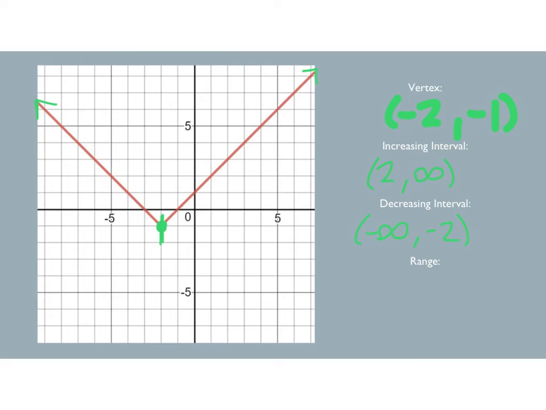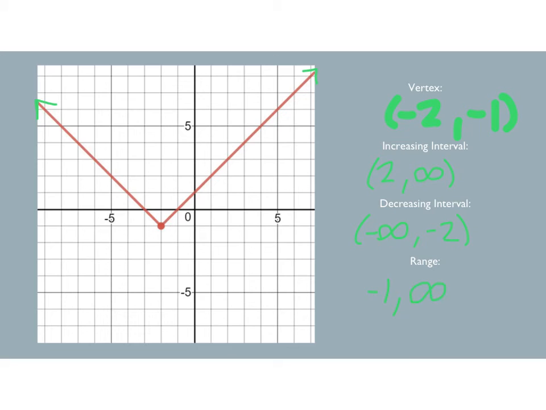So that's increasing and decreasing. The range is our y value, so we're going to put the smallest y value first. And the smallest y value on this graph, let me erase what I've drawn, is -1.